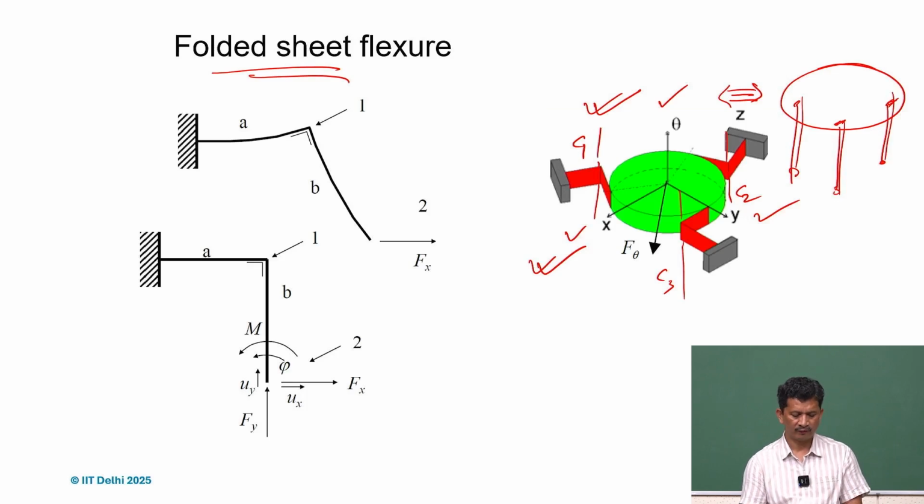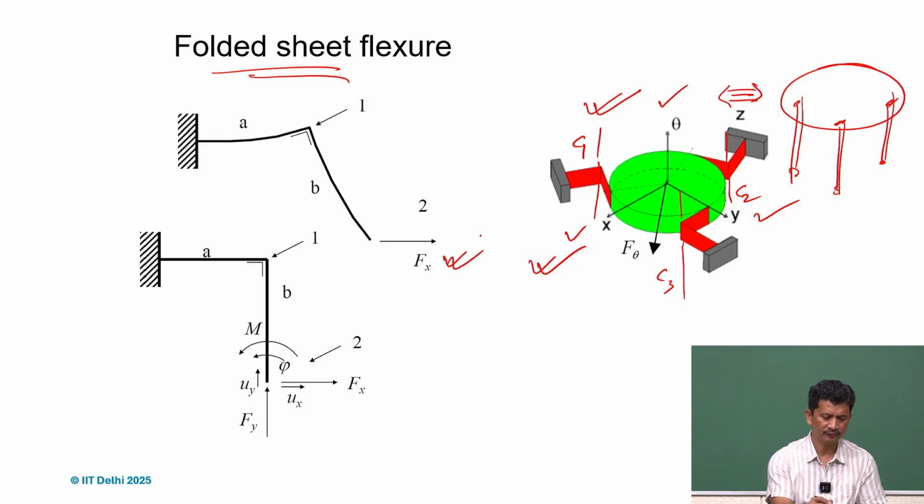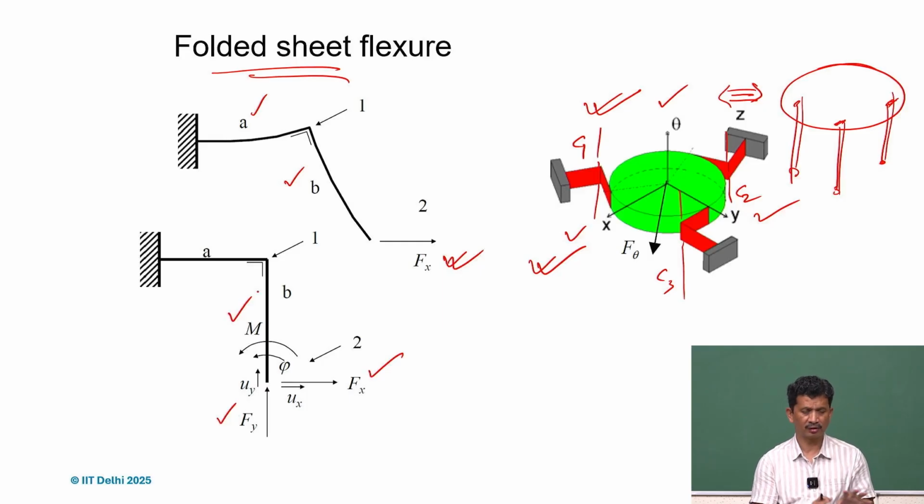Just a general case, if we apply force Fx, this is how it deforms, with A and B different lengths. If we take this case, we have forces Fx, Fy and M acting at the end. So all the compliant directions we are talking about now, and these are the associated deflections.